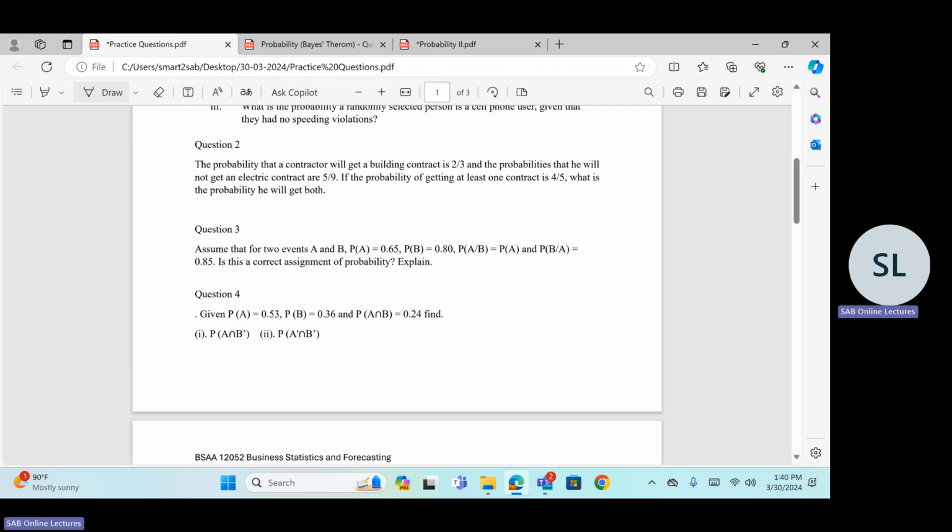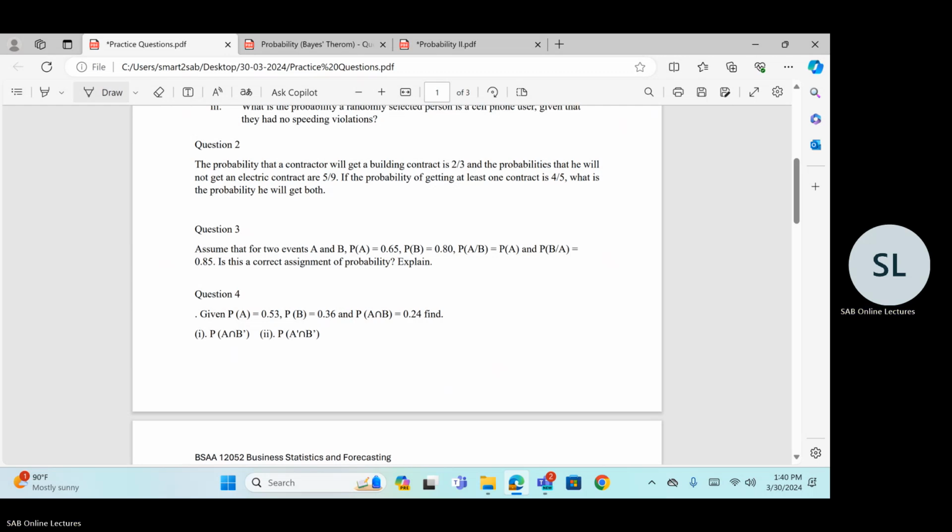What does that mean? A given B is equal to probability of A. What is the meaning of that? These two events are independent. Therefore they say A given B is equal to P(A).